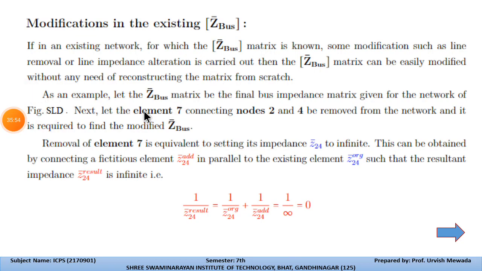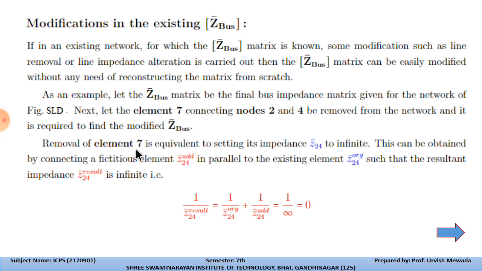Now from this, as an example, the Z matrix is the final bus impedance matrix given for the network of the single line diagram that we already derived in the previous slide. Next, let element number 7 connecting node 2 and 4 be removed, meaning we are removing that link from the network, and it is required to find the modified ZBus.